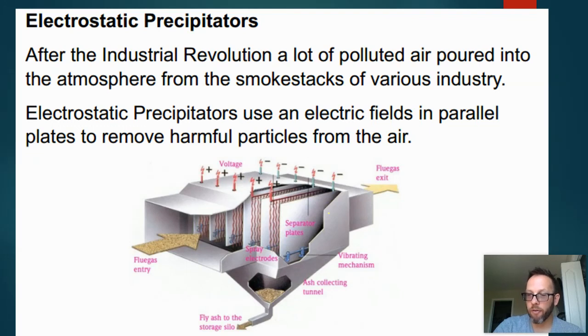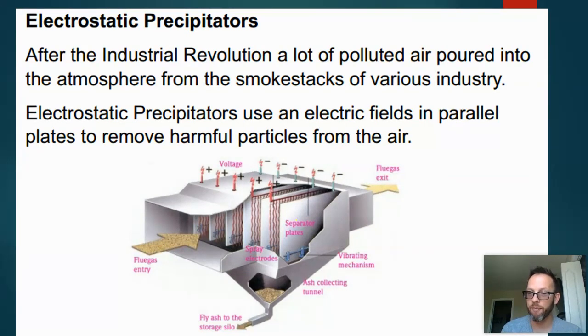and this isn't need to know, this is just for interest's sake. If the charge on the wires is really, really big, so lots of current flowing through a big negative charge, what happens to the air around it is it becomes ionized, meaning the electrons are allowed to free themselves from the air particles. And those electrons get attracted to the plates. Then you send the flue gas through these plates, and the electrons, loosely speaking, stick to these pollution particles.